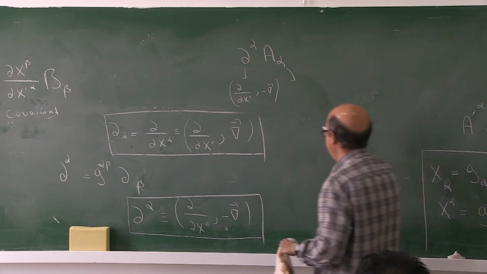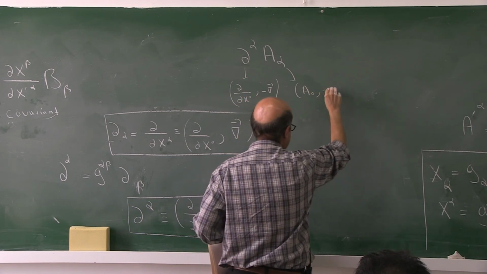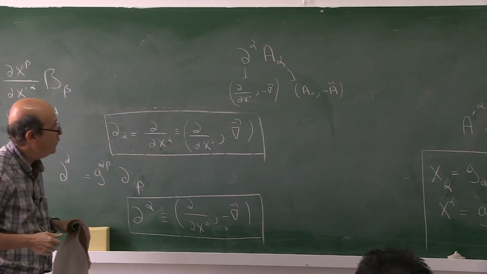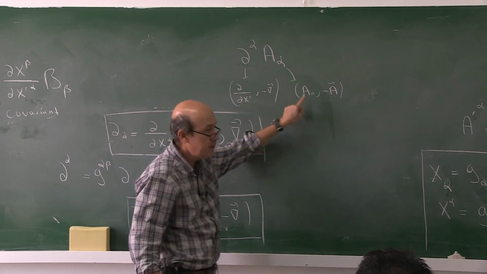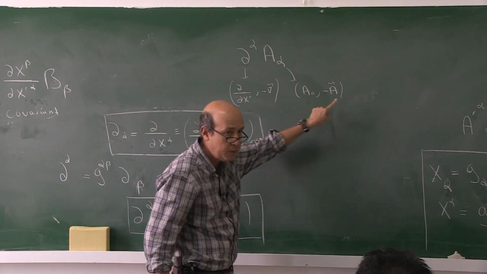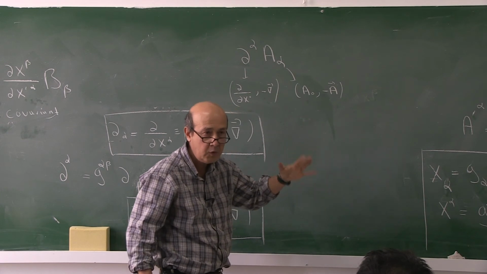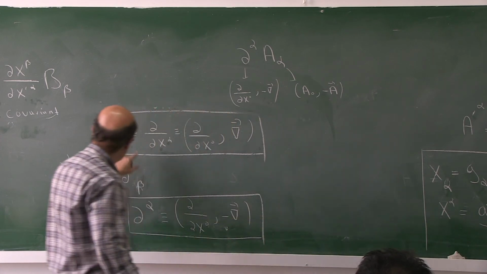A0, again minus A. So what is the result of this 4-dimensional divergence? This one acts on this one, but minus minus plus. Therefore, the continuity equation will be covariant. So that is coming out of this process.